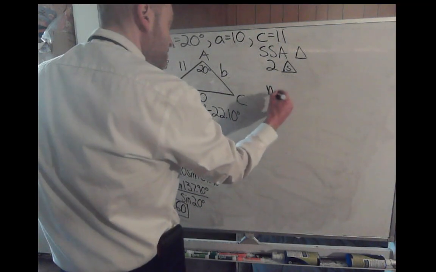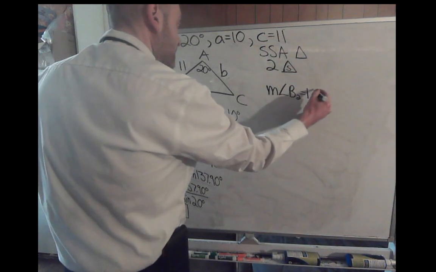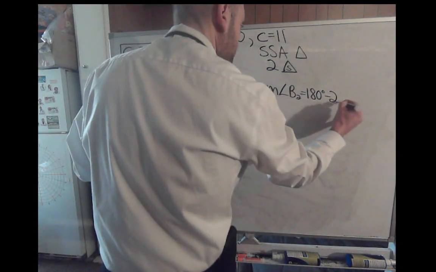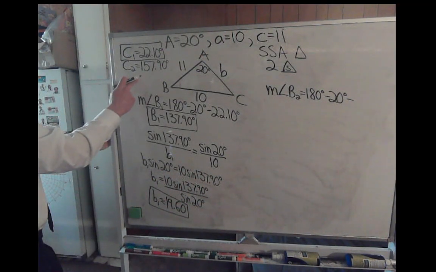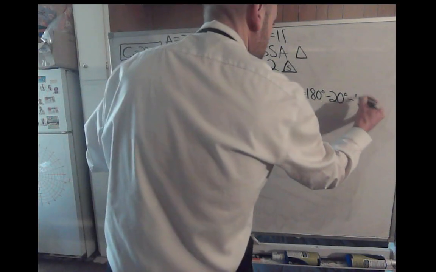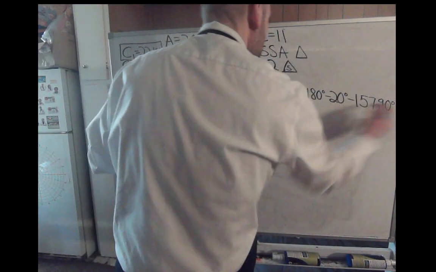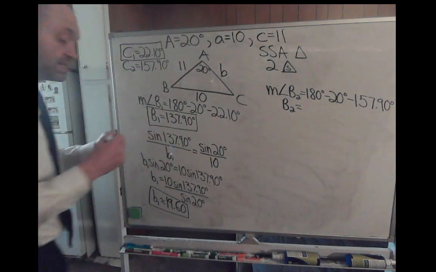So the measure of angle B2 is going to equal, of course, 180 degrees minus that A of 20 minus that C of 157.90. So that means angle B2 would equal a very small angle.